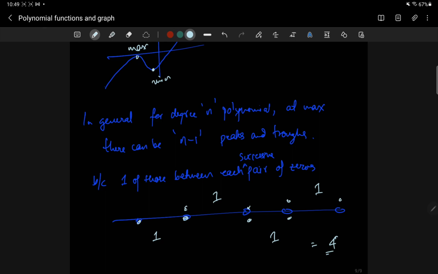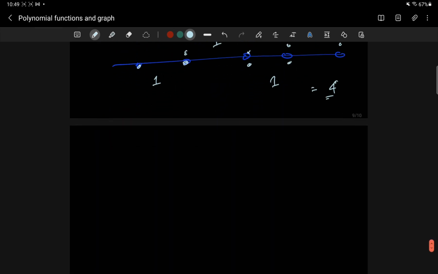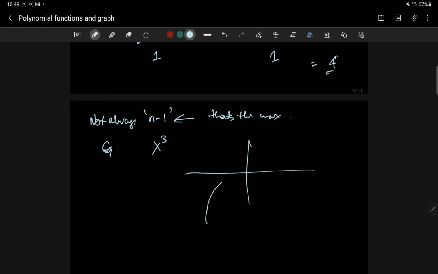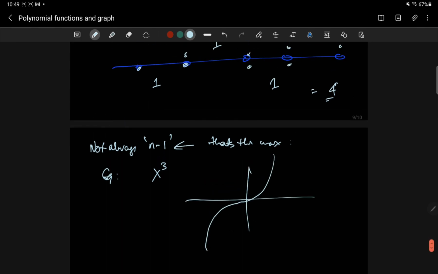But that's the max, right? Now note, it's not always n minus 1. That's the max. For example, if you take a simple example of x cubed, there's actually none here.